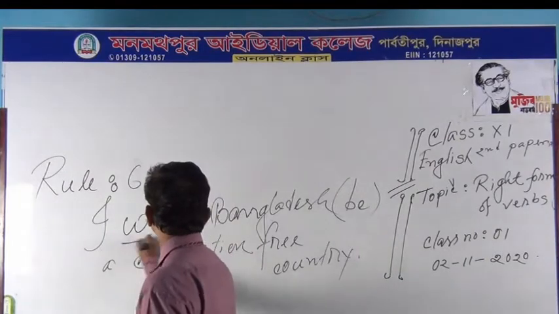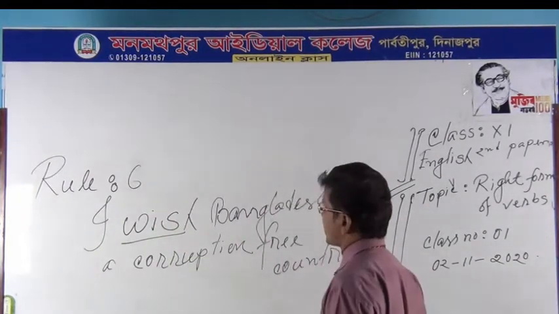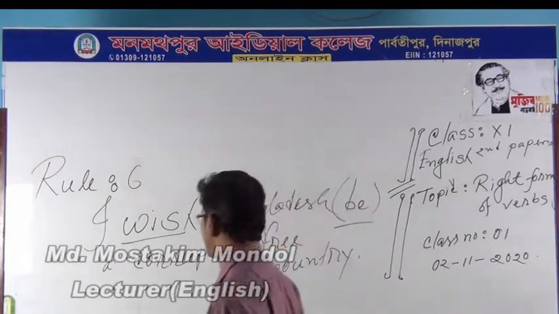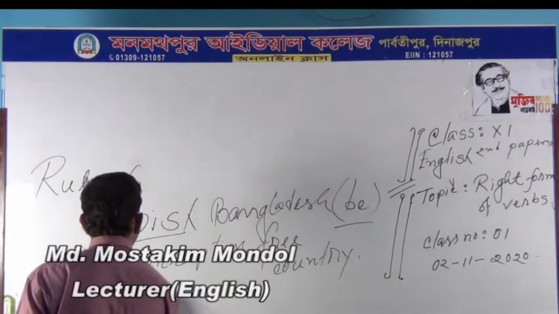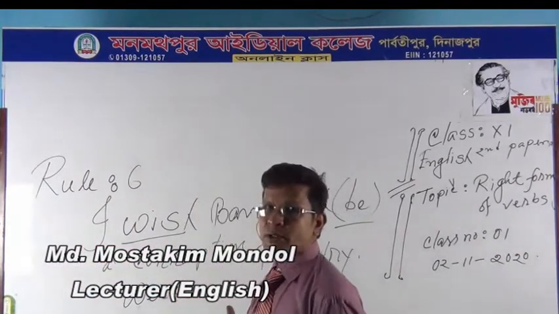You have to find wish and also find the be verb within bracket. For this wish you have to use were. Answer will be were. Have you understood, my dear students?